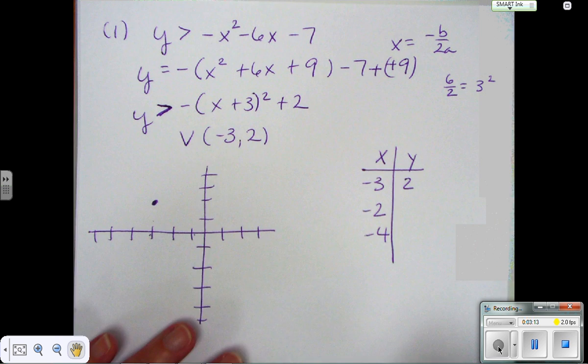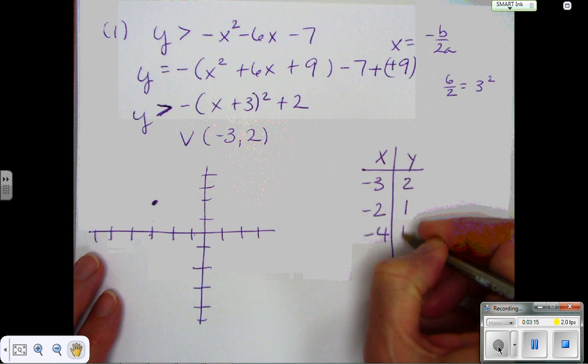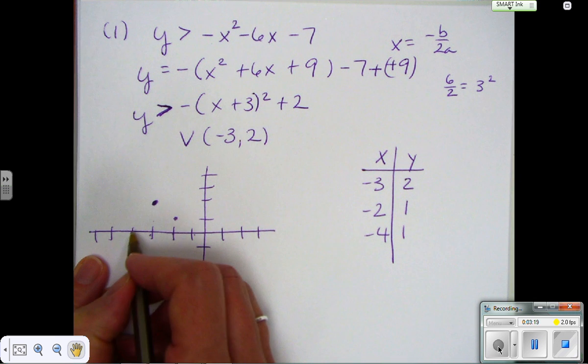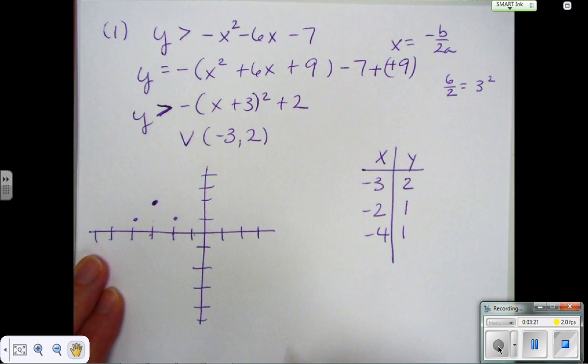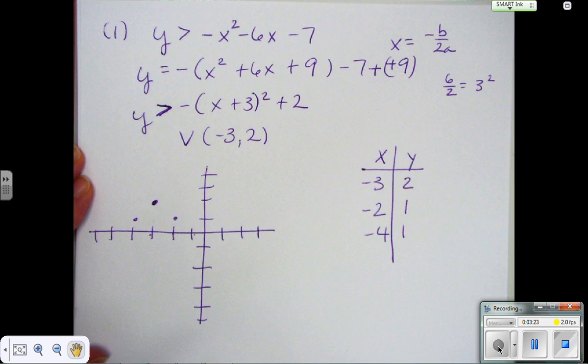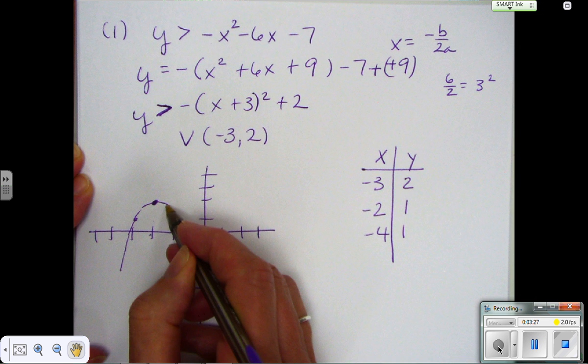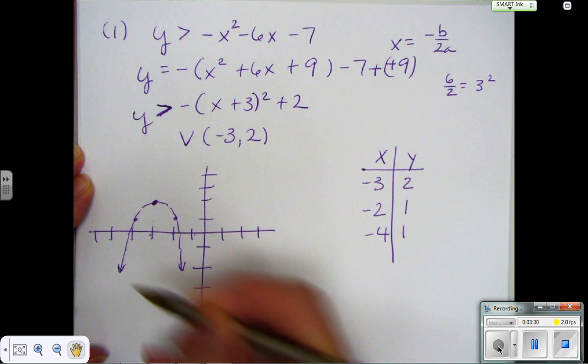Okay, so I'm getting positive 1 for both of those y values. So that means I have negative 2, positive 1, negative 4, positive 1. And since it's only greater than, my parabola is going to be dotted. Okay, so there's my parabola.